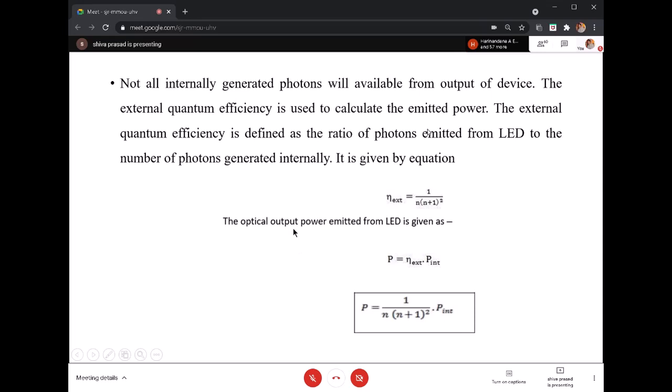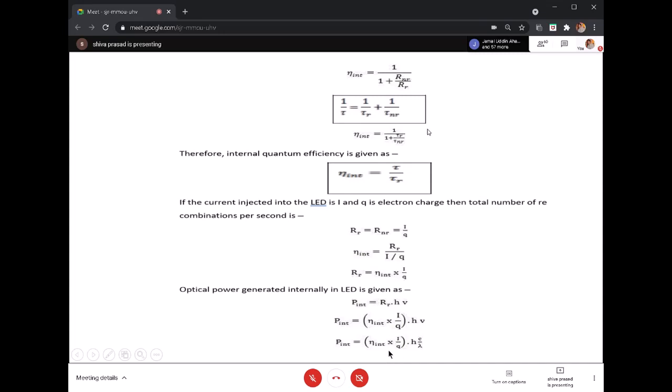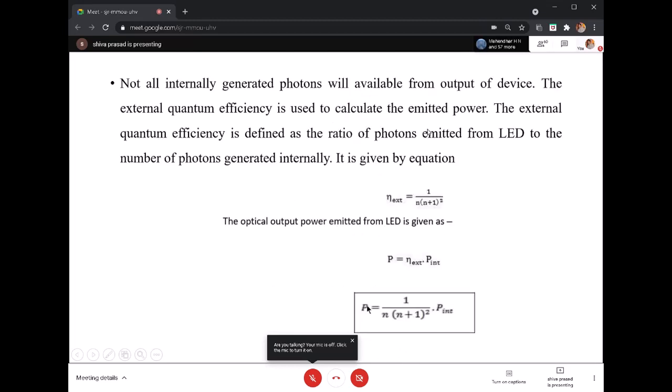The optical output power emitted from the LED is P is equal to eta external into P internal. The input optical power expression is eta internal into hcI divided by Q lambda, whereas the output power P will be equal to 1 divided by n into (n plus 1) whole square into P internal.